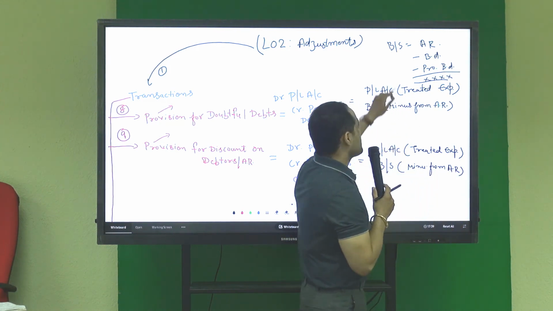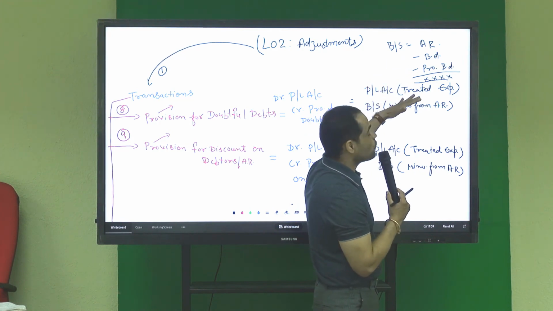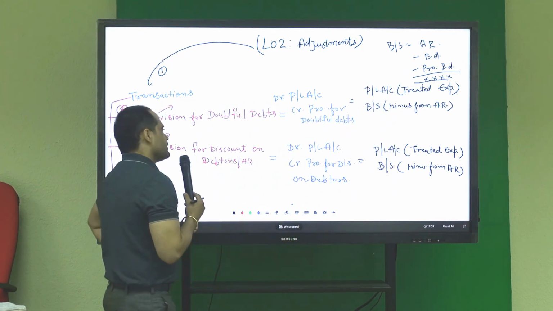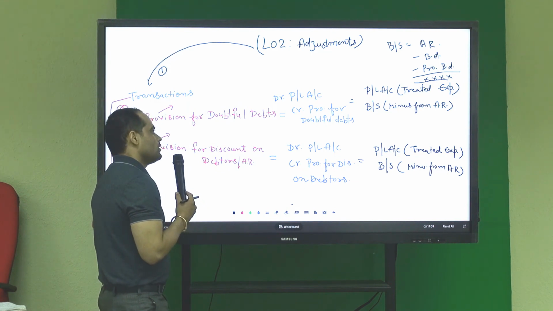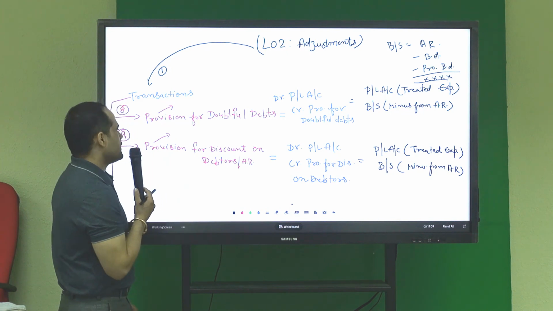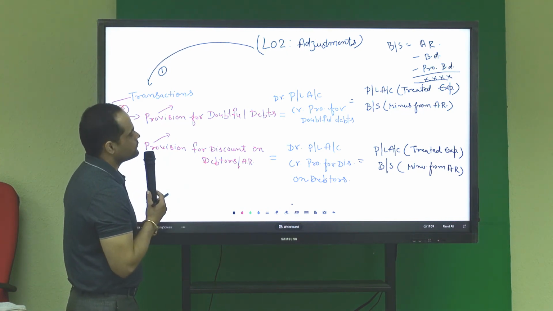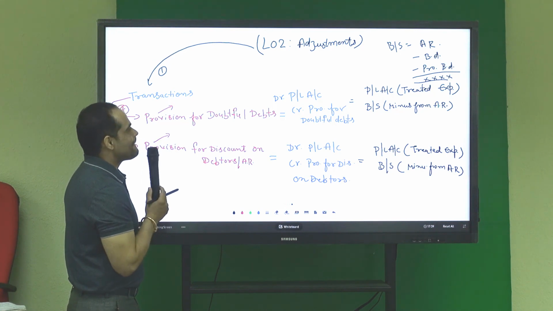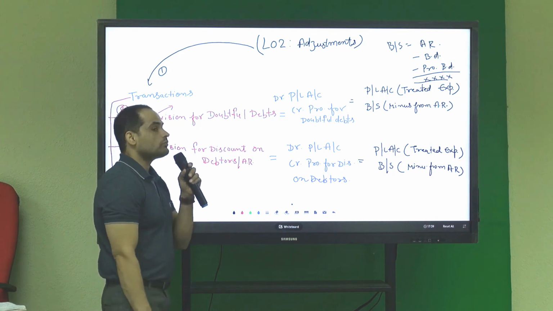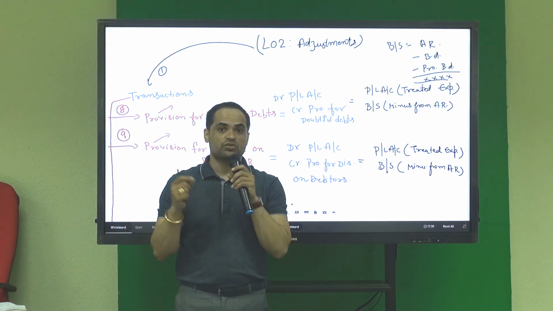Again, we subtract bad debts first, then provision for bad debts, and then the third one is the provision for discounts. That's the treatment for provision for discounts on account receivable. So that's all about your learning outcome 2 complete, which is final accounts with adjustments.